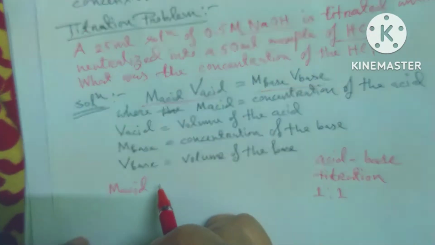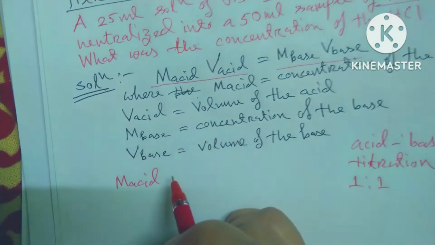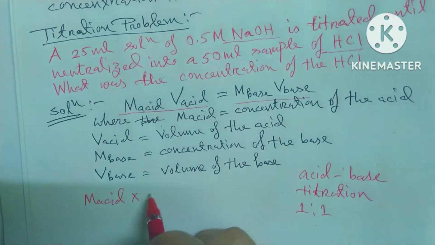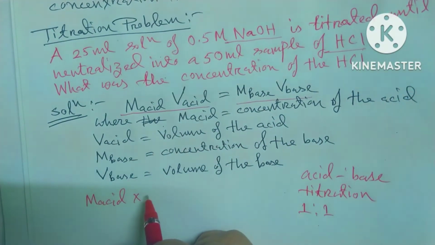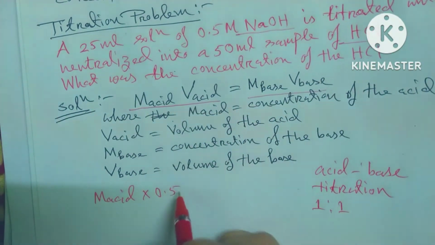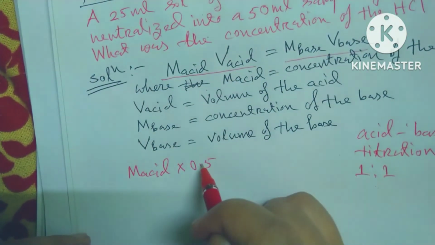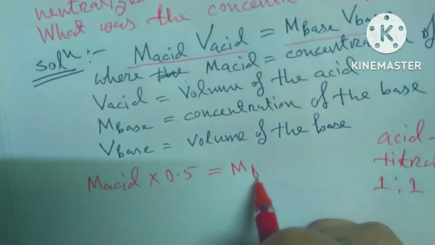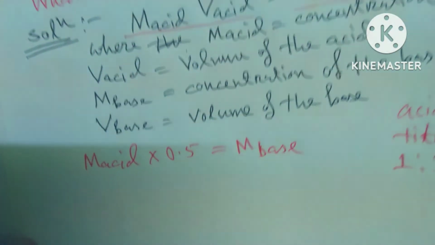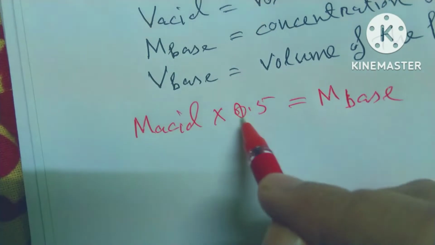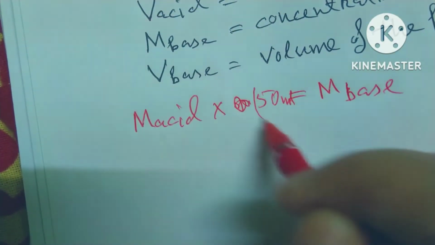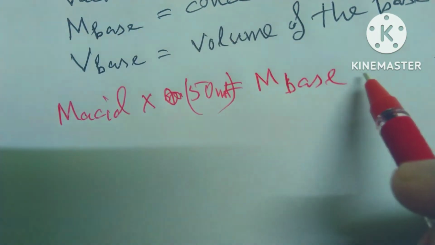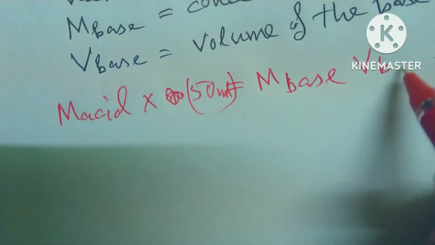V acid is 50 ml, and M base is 0.5, and V base is 25 ml.